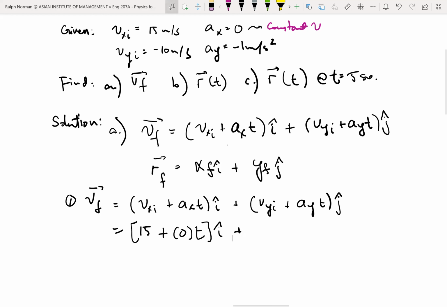And then VYI, we have VYI, right? So that's negative 10. We have plus negative 1 meters per second squared in terms of t, and then J. I believe we simplify equation ito, combined terms. We simply have 15.